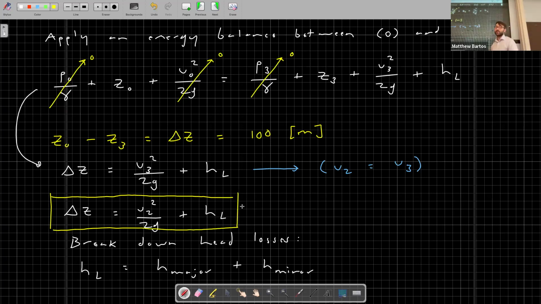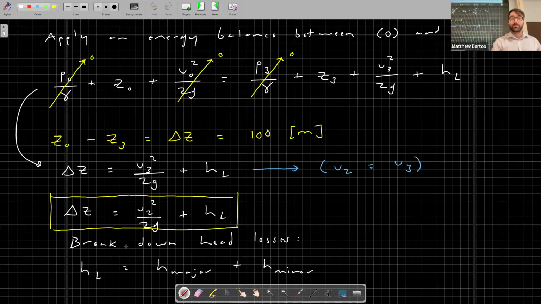We have that the difference in elevation is equal to the velocity head at the outlet plus all of the head losses. And so the next thing we did was we substituted in all of the different head losses into this term here, HL. So this is still the energy equation. We're just plugging in all of the different terms for the energy losses in this HL term here.